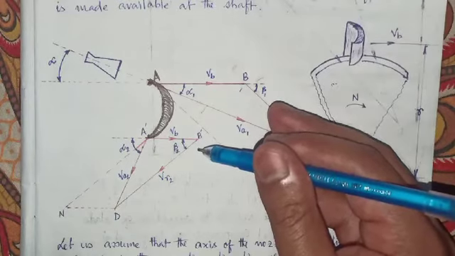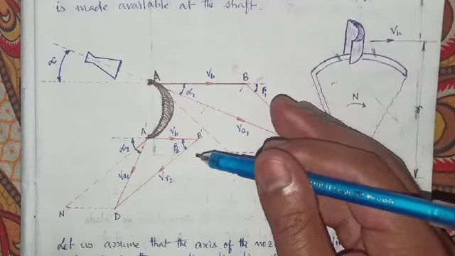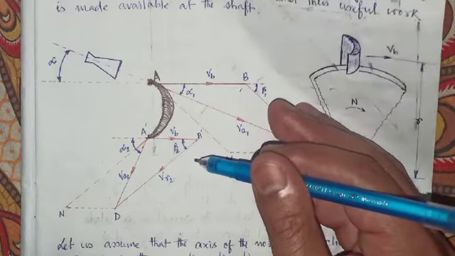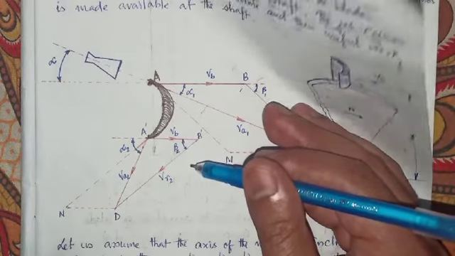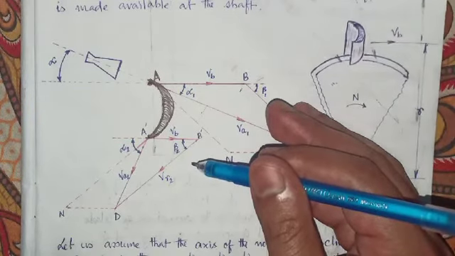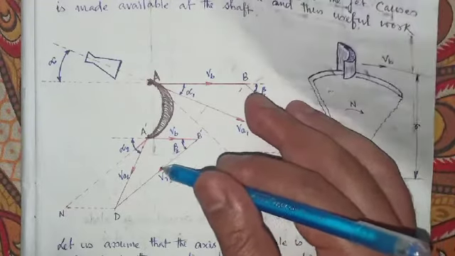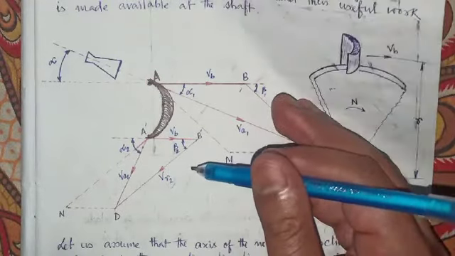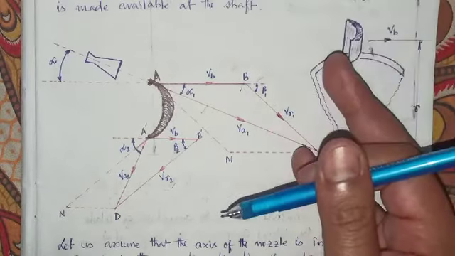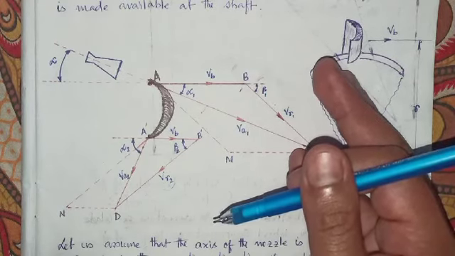If there is no friction, though that is impossible in actual practice, the magnitude of the relative velocity leaving, VR2, is equal to the relative velocity entering, VR1. Only if no friction occurs can we say VR2 equals VR1.